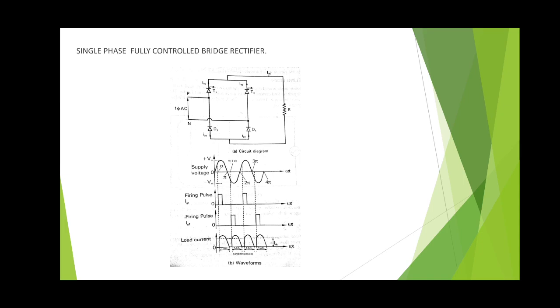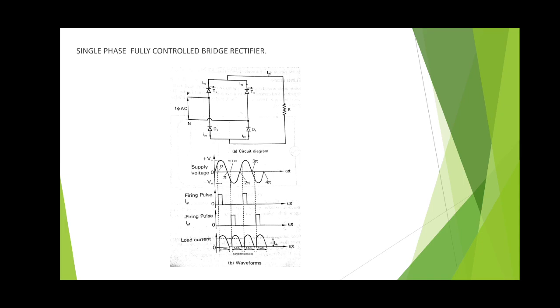The bridge circuit is constructed in which diagonally opposite pairs of thyristors are made to conduct and are commutated simultaneously, meaning they are fired at the same time and they are commutated at the same time.